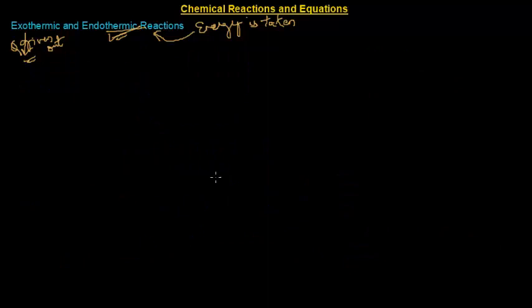Melting of ice. We have seen how ice melts. How does it melt? It takes the heat from the environment and changes its state. This is not a reaction. So I am calling it an endothermic process. Melting of ice is an endothermic process, not a reaction.